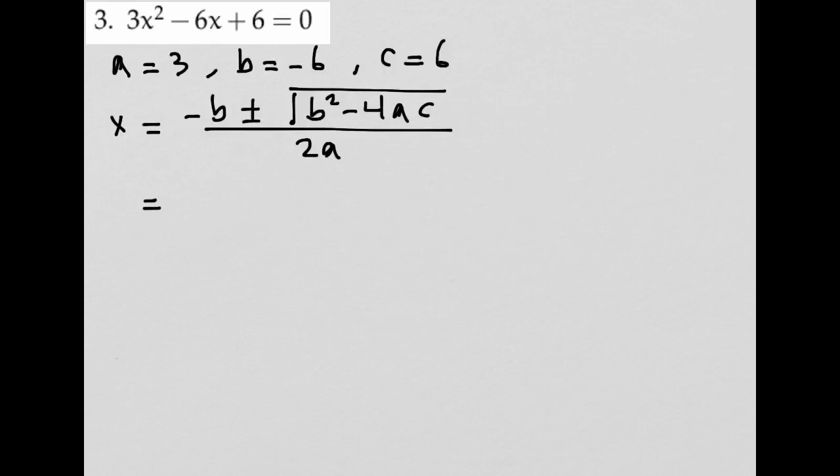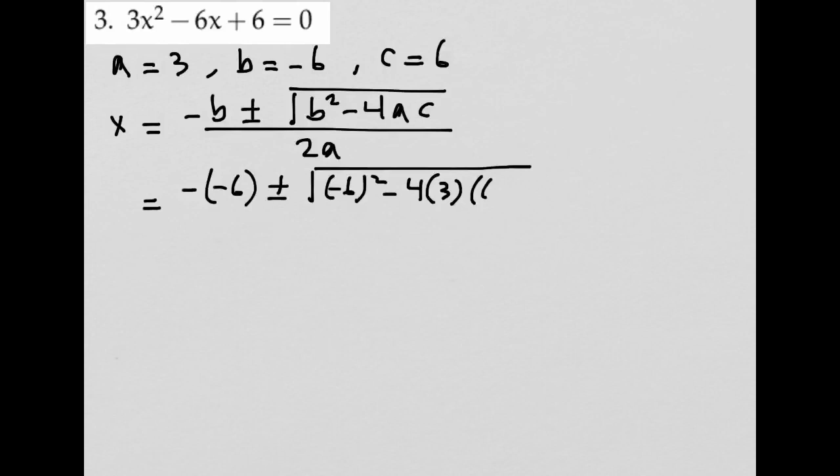That's equal to minus minus 6 plus or minus the square root of minus 6 squared minus 4 times 3 times 6, all divided by 2 times 3.